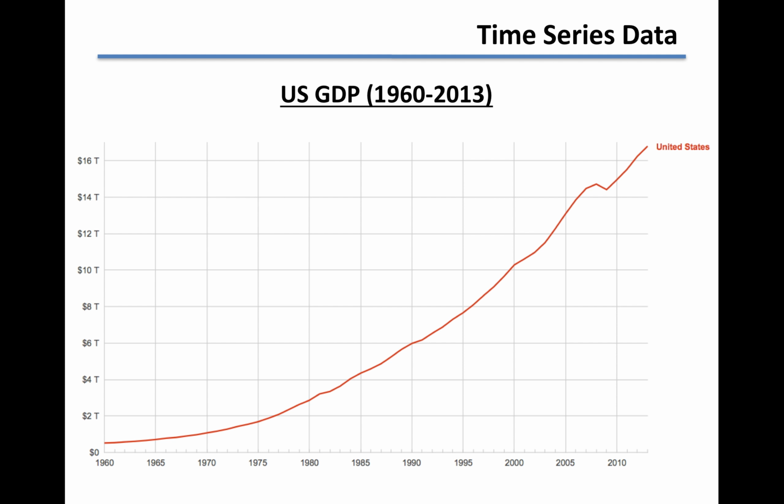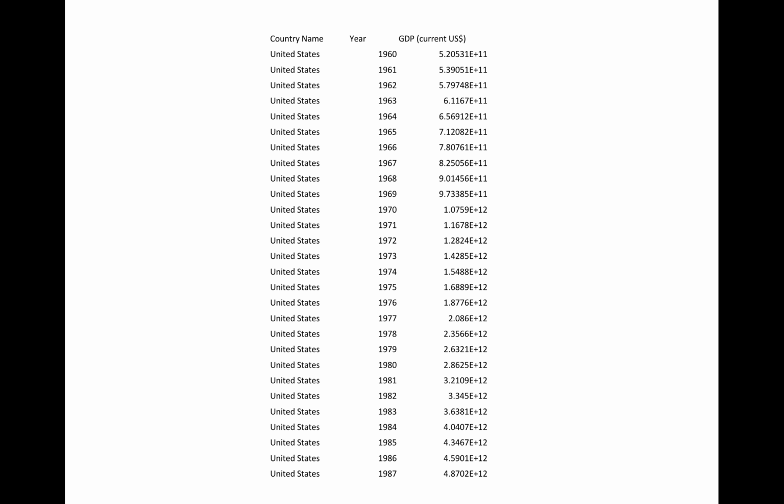And whereas cross-sectional data usually is best observed in a bar graph, time series data is usually expressed visually in a line graph, so we can sort of see the trend over time. And this is what those data would look like in Excel, once again, where the country would not vary, but the year would, and each year's corresponding GDP figure.